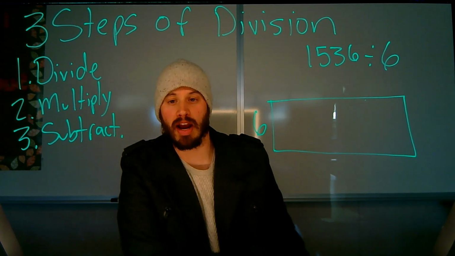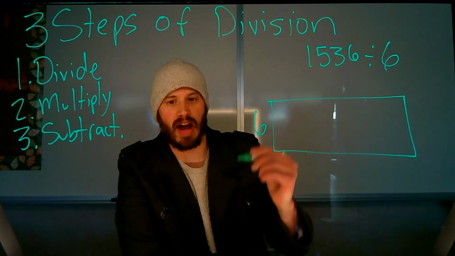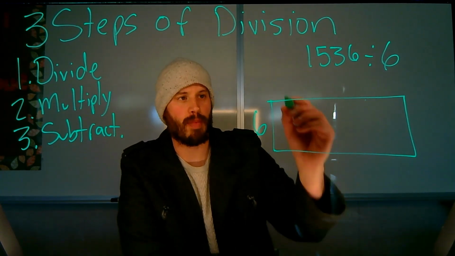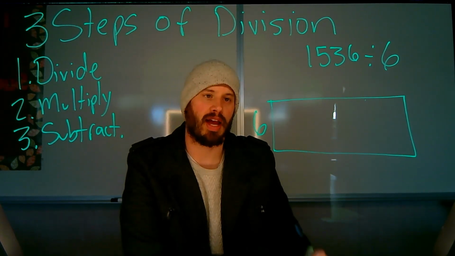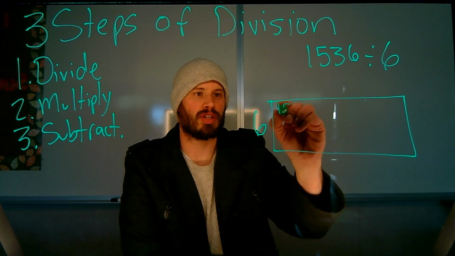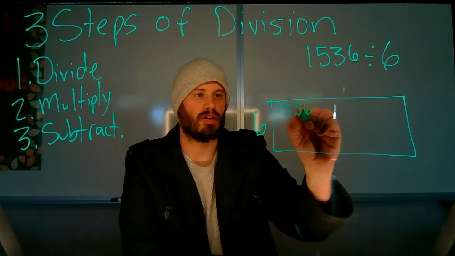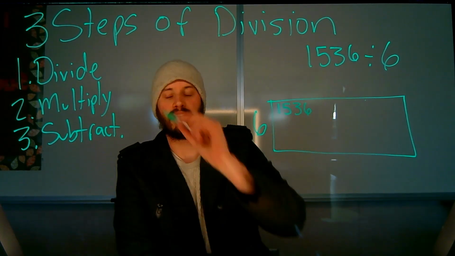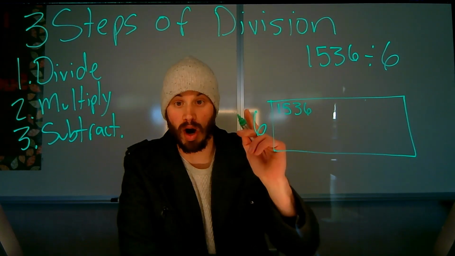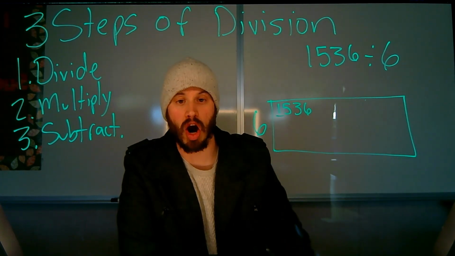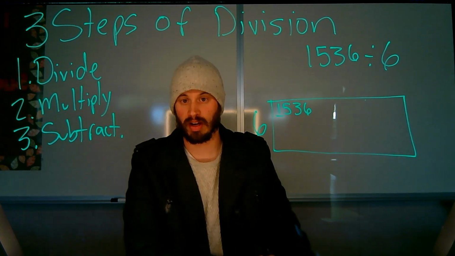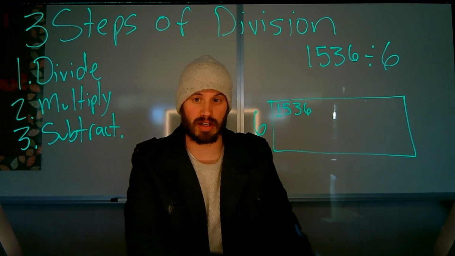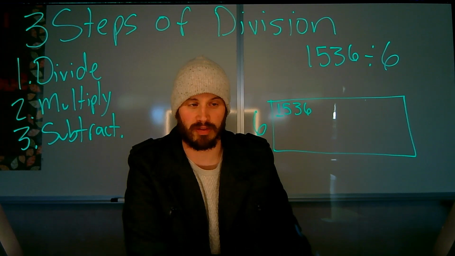My quotient is what I'm writing along the top. And my dividend goes in here. So I start by dividing. I divide 1 digit at a time. I look at the largest place value. That's the easiest way to divide. You divide the largest things first until you get to the smaller things and you have nothing left.